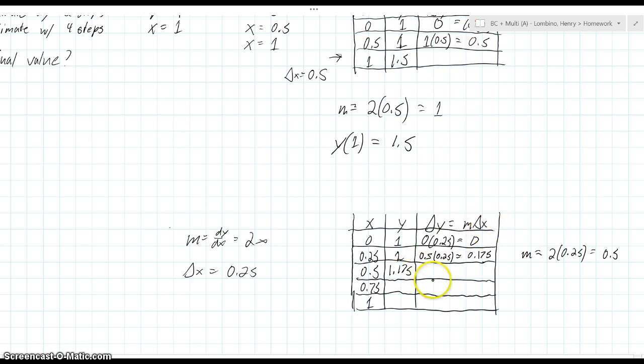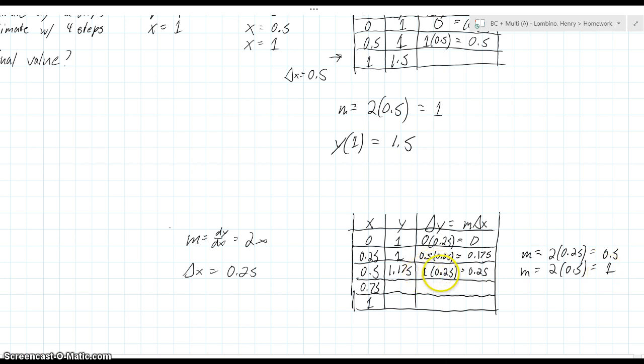So now we plug in 0.5 over here. We get m equals 2 times 0.5, which is equal to 1. So we have 1 times 0.25, which is equal to 0.25.